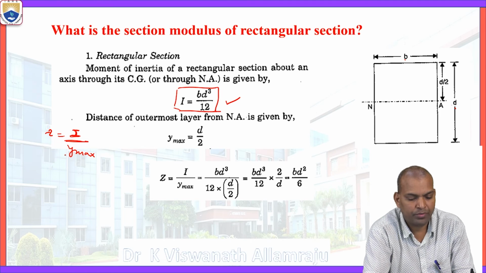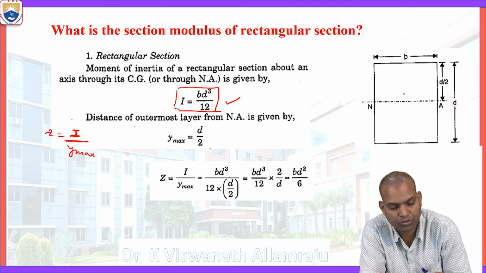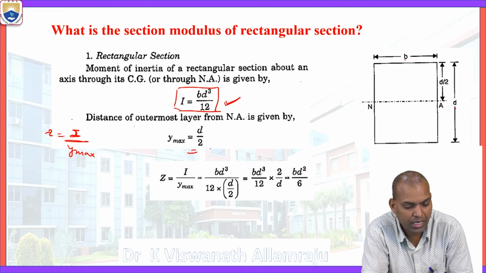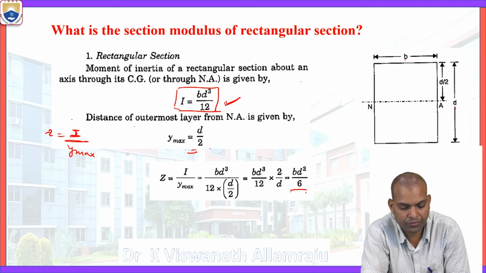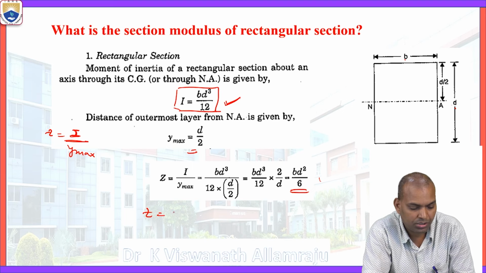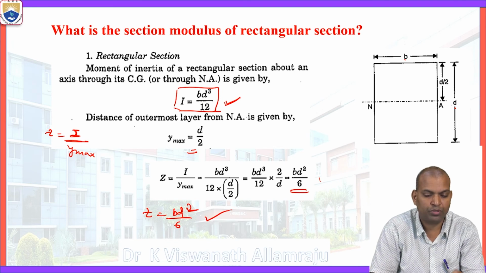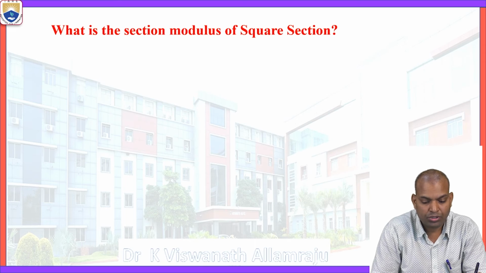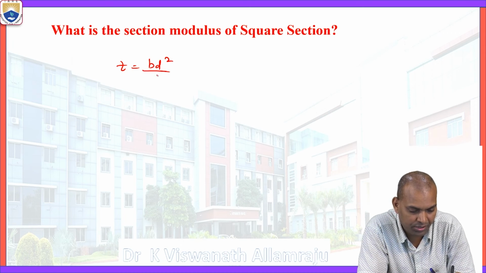What is the y maximum? It is the distance from the neutral axis to the topmost layer. That is y equal to d by 2. Substitute I and y in the formula I by y maximum, then we get the relation Z equal to b d square by 6. This is the section modulus. So Z equal to b d square by 6 for a rectangular section.